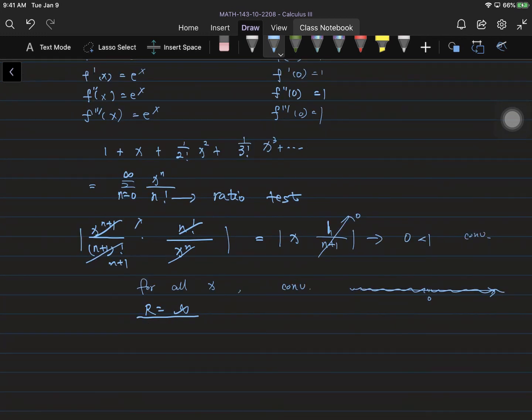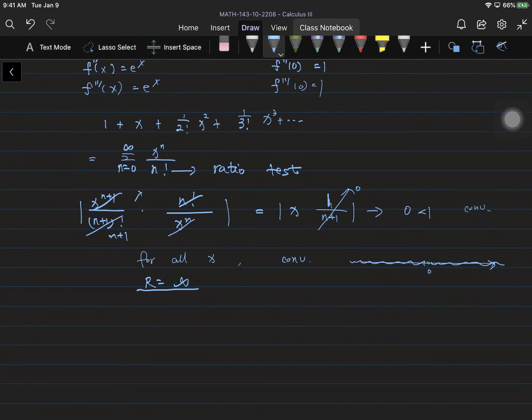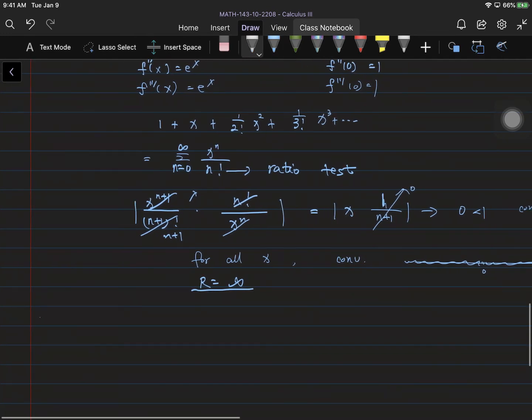Next definition is called the Taylor polynomial. Taylor polynomial of order n. Let's see this definition too. So a series is a sum of infinite terms, right?